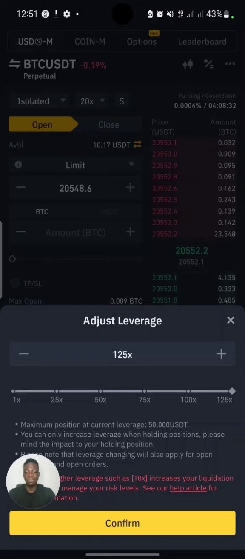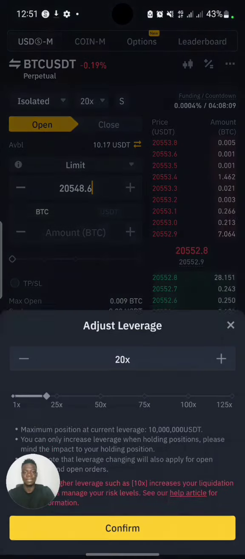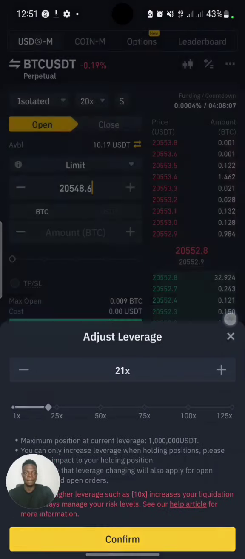So if I'm losing at 125x, or if I'm winning at 125x. So if you're starting out in the crypto journey, just minimize your risks, put it below 10x, just to stay long in the market. So that's my advice to you. So that's leverage.